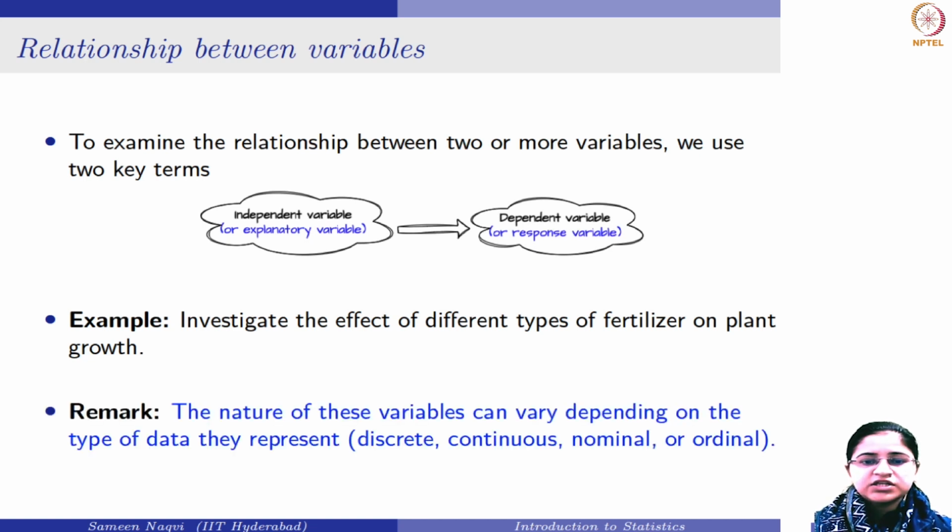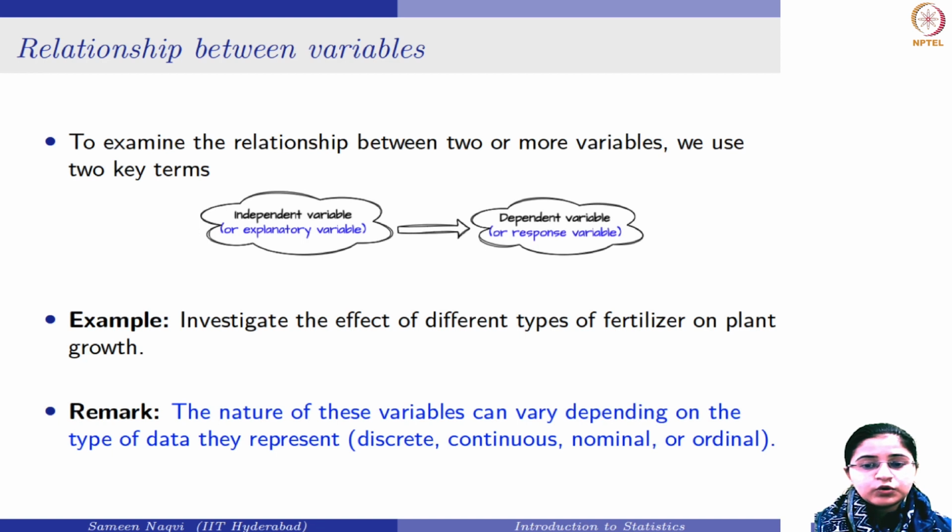Note that the nature of these variables, the independent variable can be of discrete, continuous, nominal or ordinal type. Similarly, your dependent variable can also be of these types. For instance, if you consider this example, here you had different types of fertilizers. These are basically different categories. You can categorize the types of fertilizers into different labels.